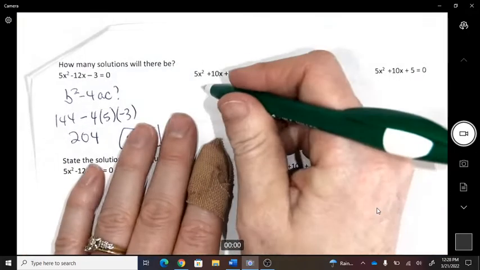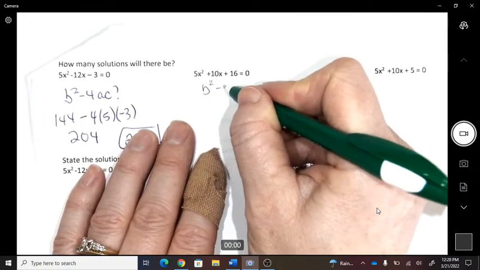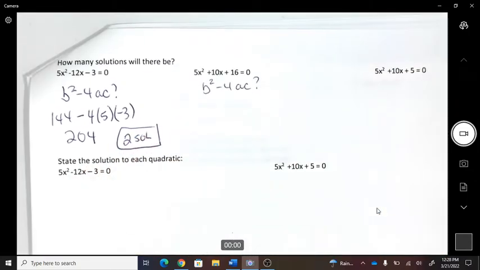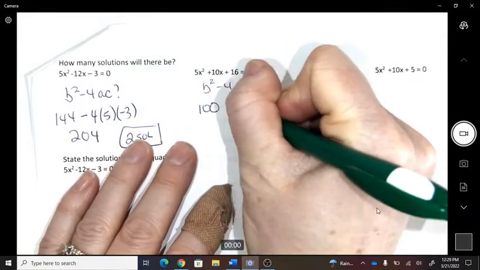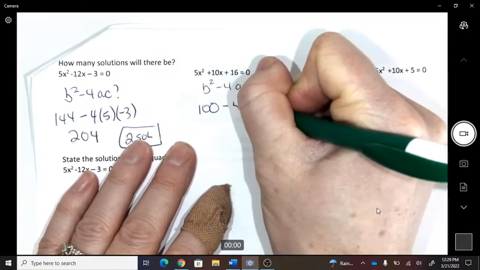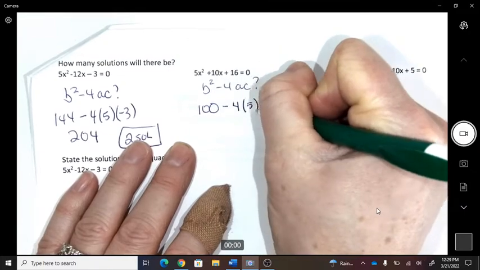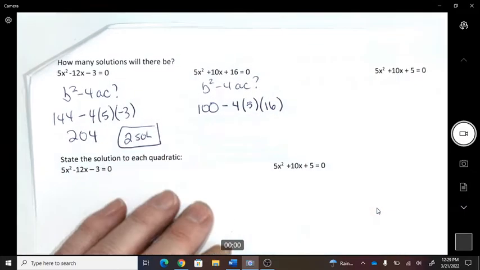Same thing. Tell me what that is. So b squared, so 100, subtract 4 times a 5 times a 16.